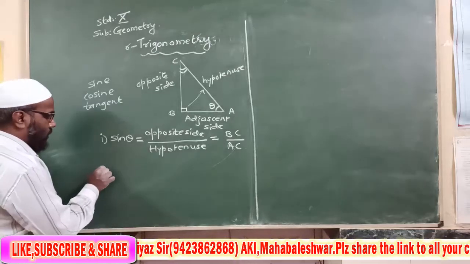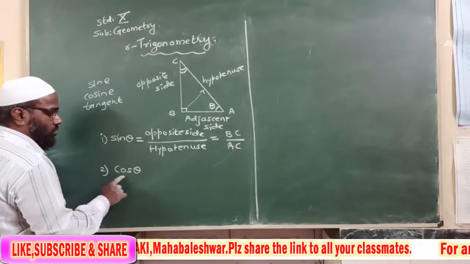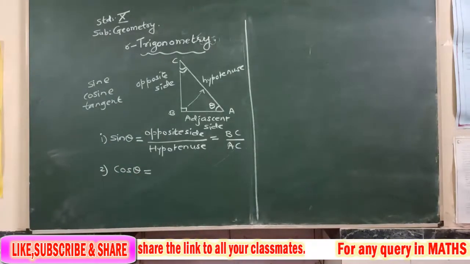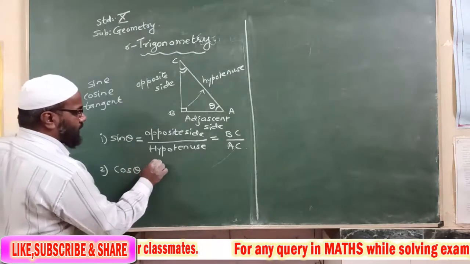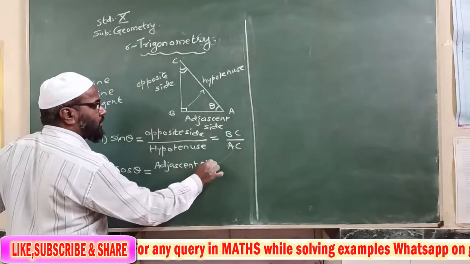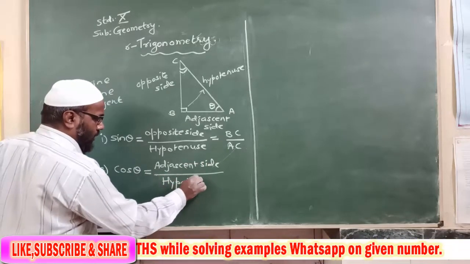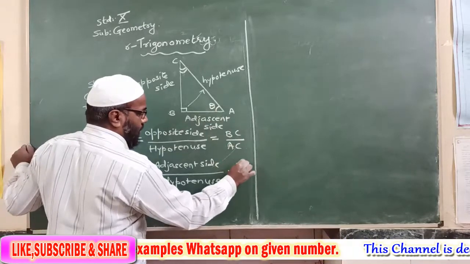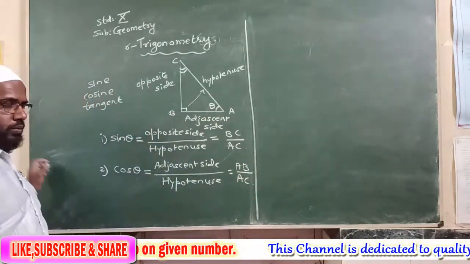Then the second ratio is the cosine ratio. In short, we write it as cos. Cos theta is equal to adjacent side upon hypotenuse. The adjacent side is AB and the hypotenuse is AC, so cos theta is AB upon AC.